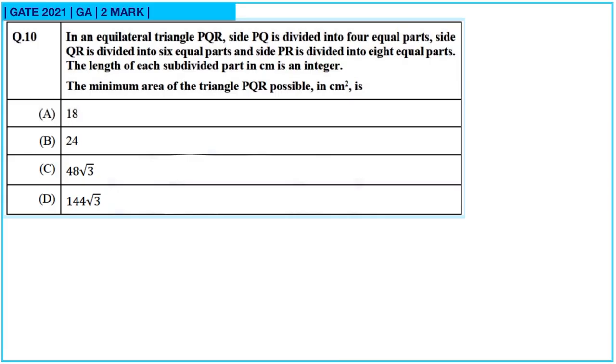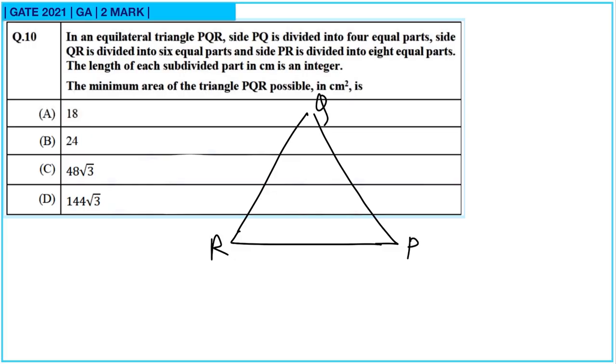Question number 10. In an equilateral triangle PQR, so triangle is equilateral, that means all sides are same. Side PQ is divided into 4 equal parts. Side QR is divided into 6 equal parts. And side PR is divided into 8 equal parts.